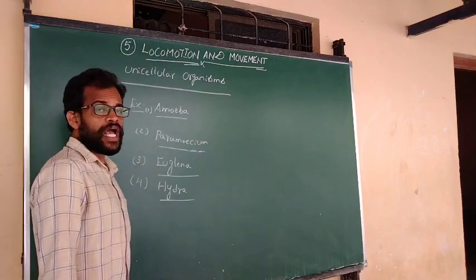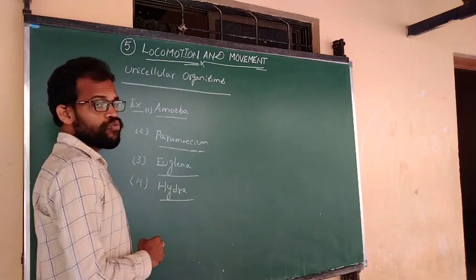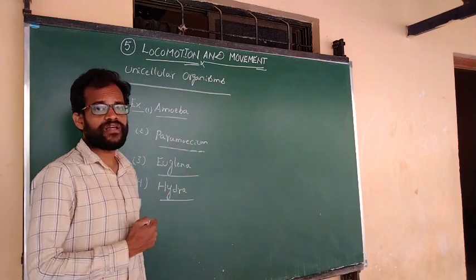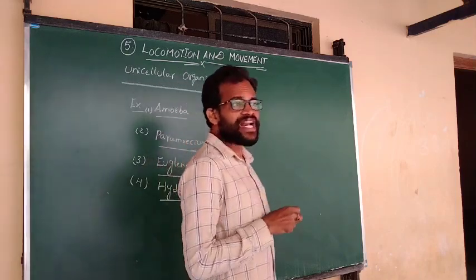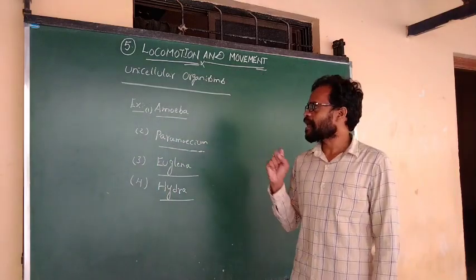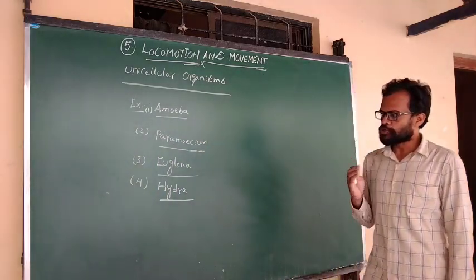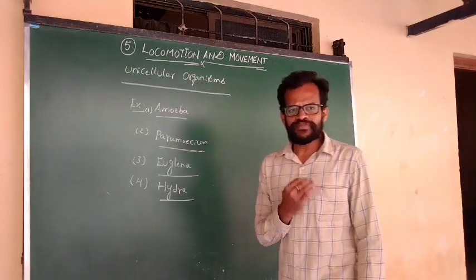How do these organisms move from one place to another? What are the locomotory organelles present in amoeba, paramecium, euglena and hydra?